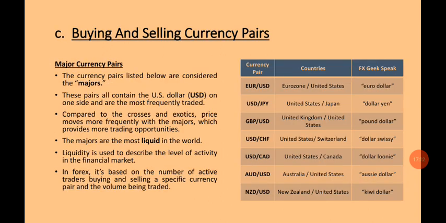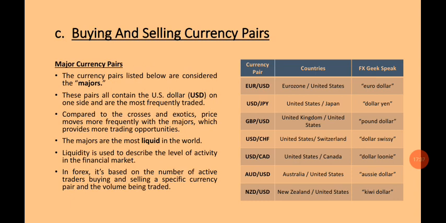Major currency pairs. The major currency pairs listed below are considered the majors. These pairs all contain the US dollar, USD, on one side and are the most frequently traded. Compared to the crosses and exotics, price moves more frequently within the majors, which provides more trading opportunities.